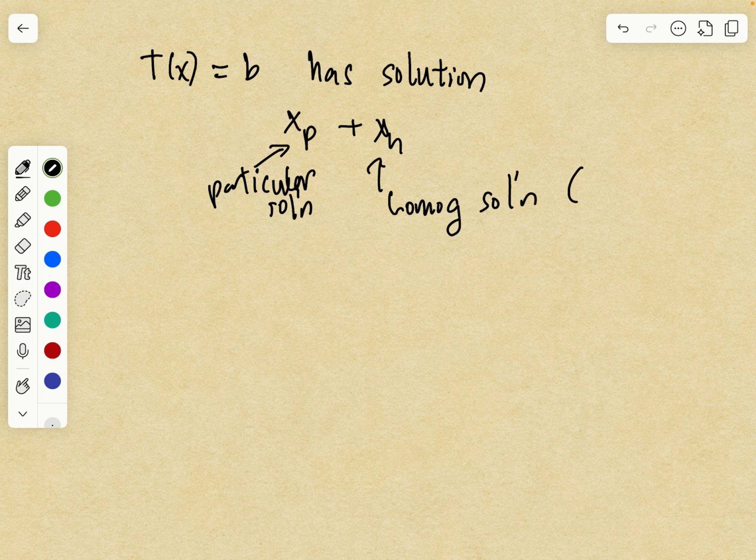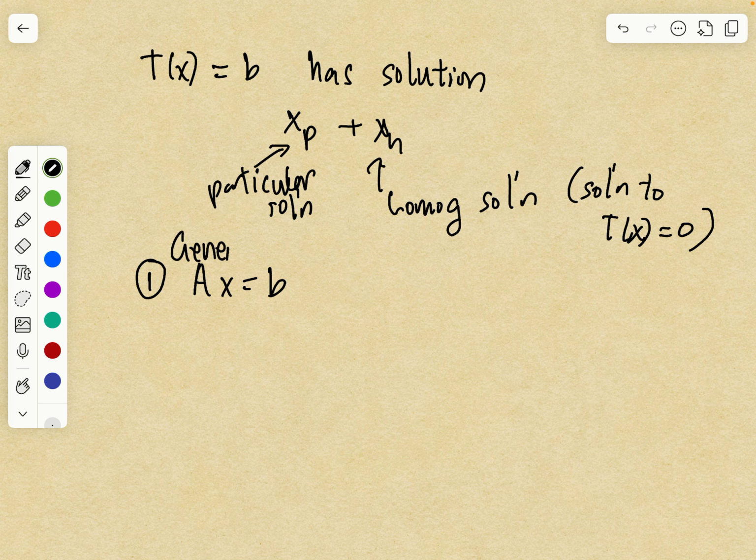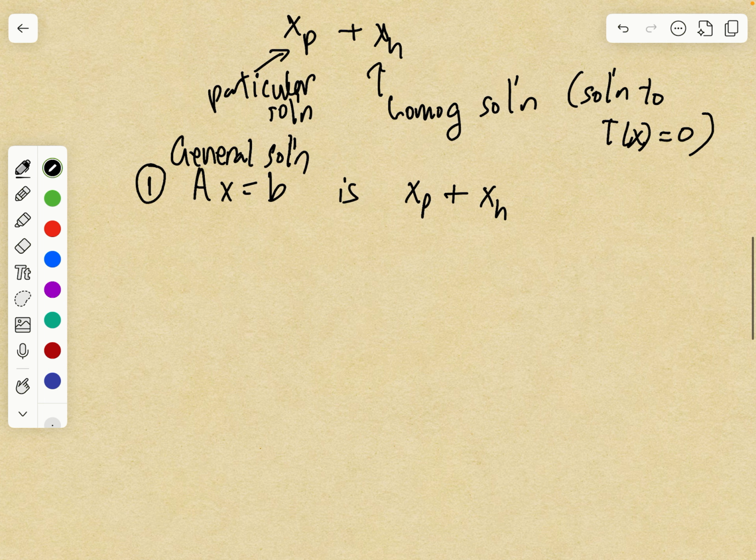The homogeneous solution is the solution to T of x equals 0. In the case of matrix multiplication, that's reflected in the fact that the general solution of Ax equals b is going to be xp plus xh. These are the solutions to Ax equals 0, those are the vectors in the null space of A.